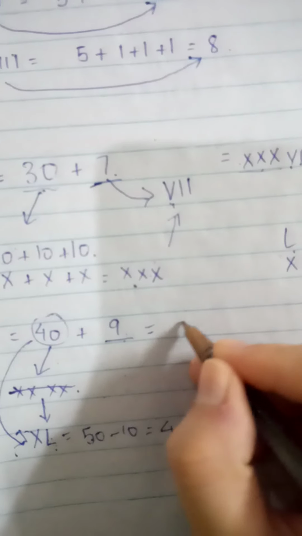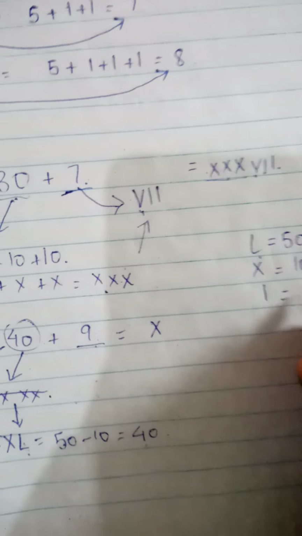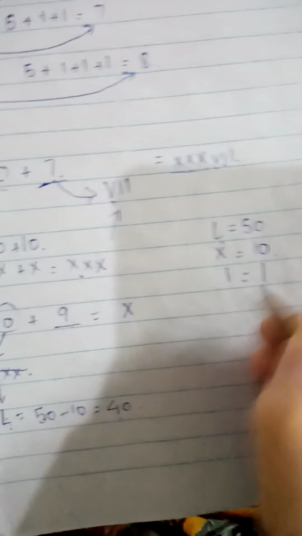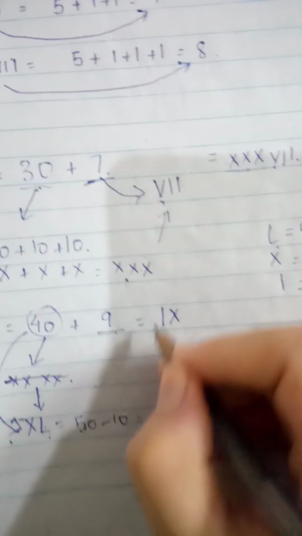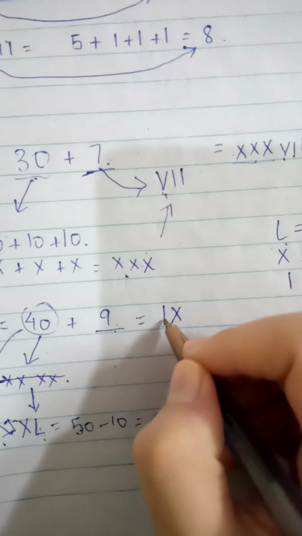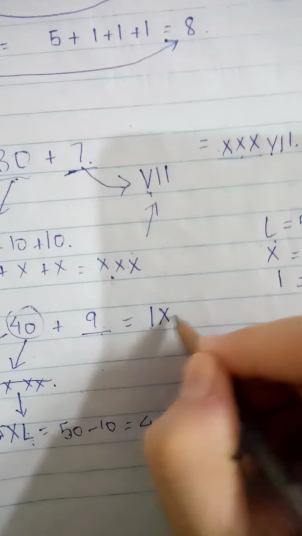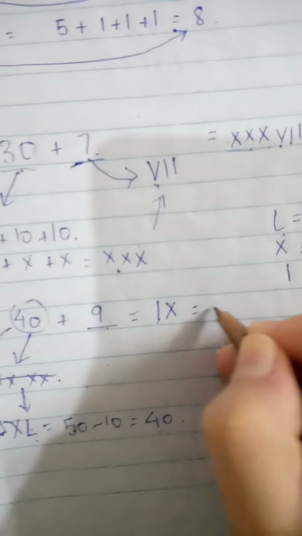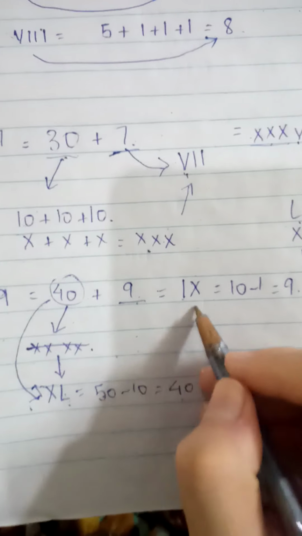I will first of all write X, and I know that capital I is equal to 1, so I will write I here. Since I am adding the digit whose value is smaller in front of the digit whose value is greater, I get 9. It is 10 minus 1, which gives me 9. So this is how I will be writing 49.